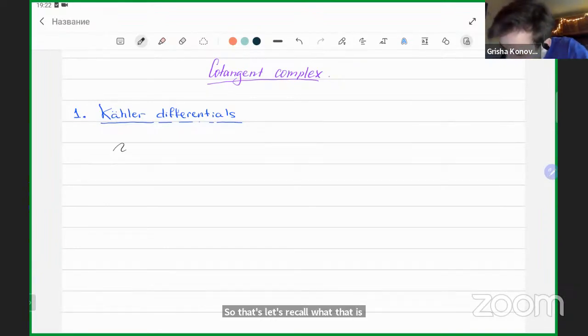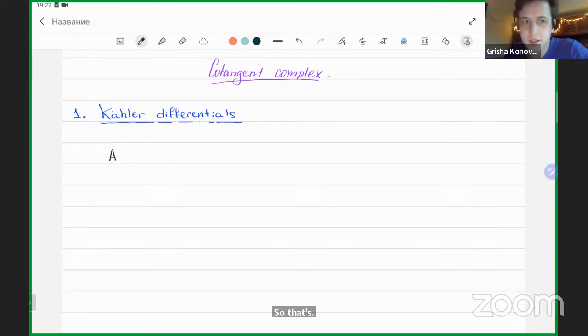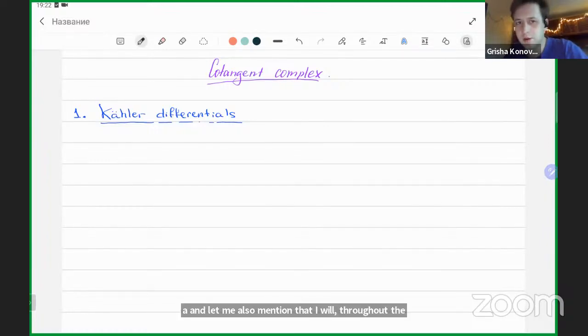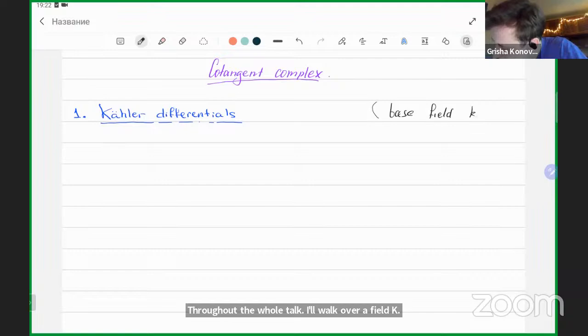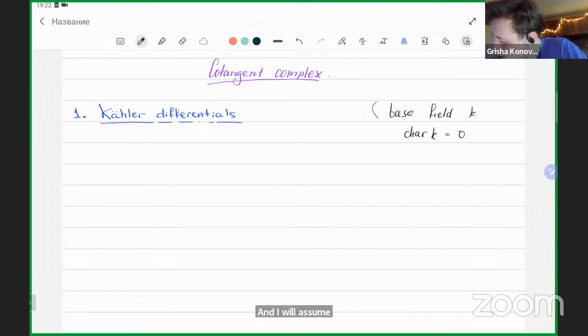So let A be... and let me also mention that throughout the whole talk I will work over a field K. Let me fix a base field K, and I will assume that it has characteristic 0.